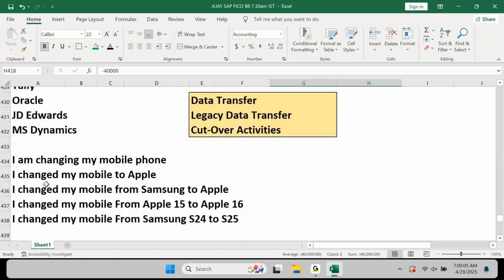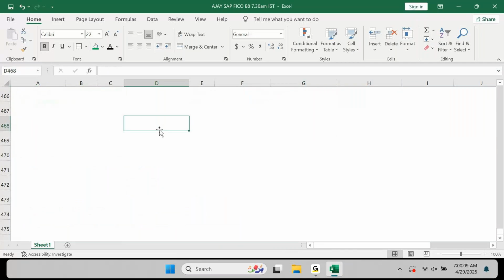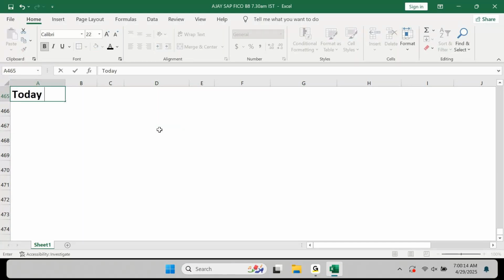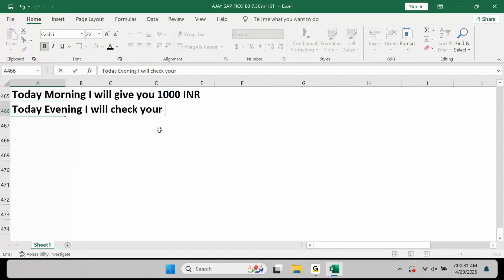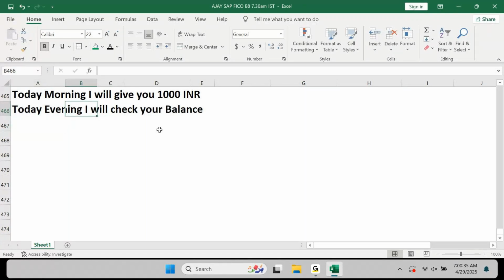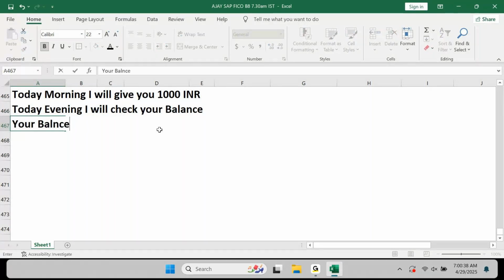In short, let's say today morning I give you 1,000 rupees, and today evening I check your balance, and your balance is 200 INR.